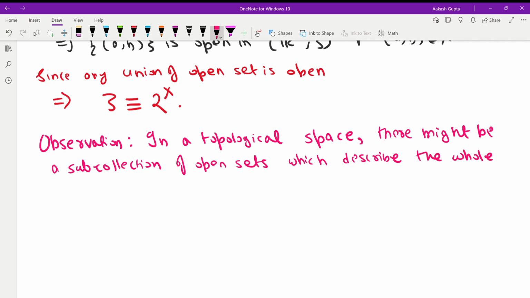The whole topology. That is the observation.